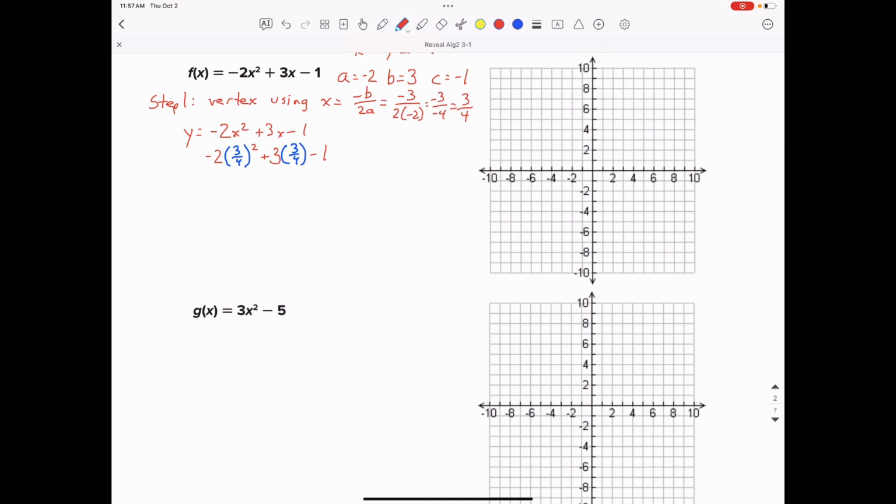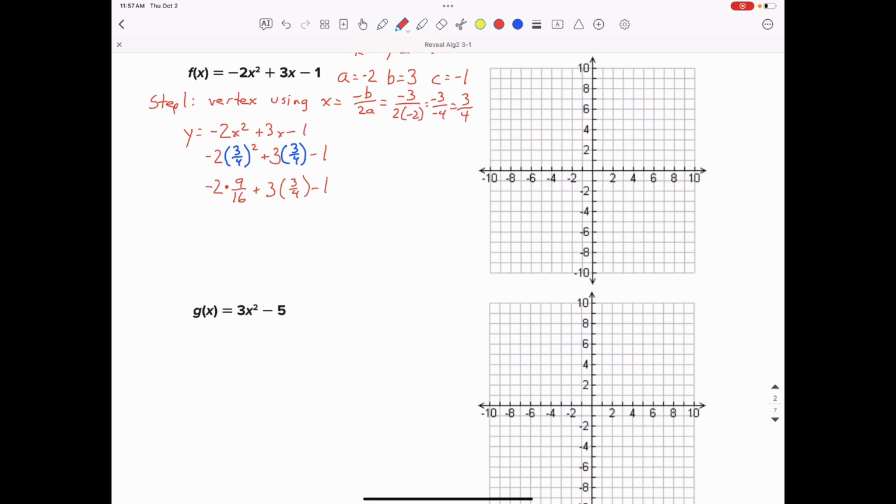Follow your order of operations. We do exponents first. So this will be negative 2 times 3/4 squared. That means 3/4 times 3/4. That is 9/16, plus 3 times 3/4 minus 1.